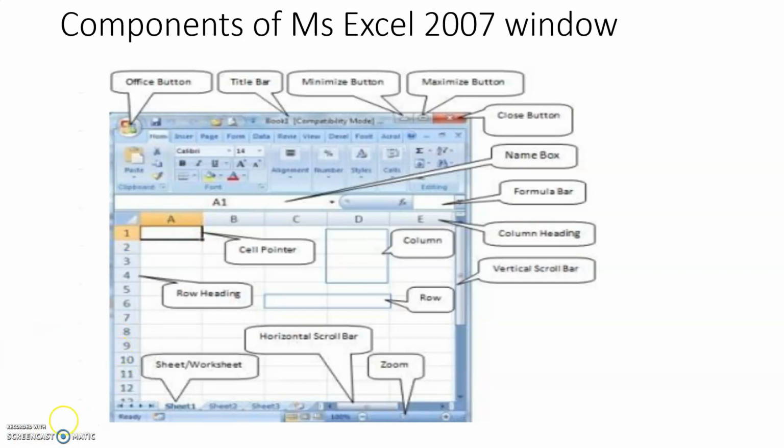So the first cell address is A1. A indicates the column name. 1 indicates the row number. The data in a worksheet has to be filled in cell-wise.